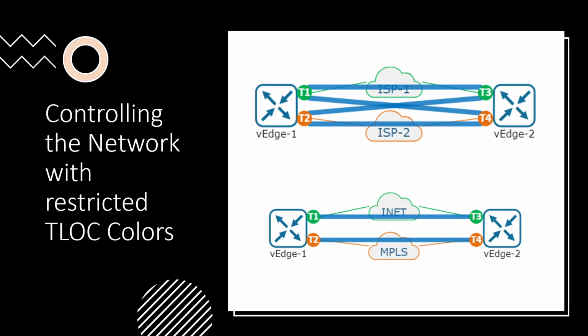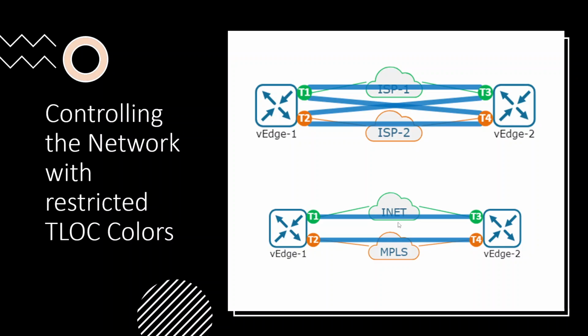Then mention that if the TLOC matches only the local color name that I matched on the WAN interface, then form the IPsec connection. Otherwise, don't form the IPsec connection. That's how we restrict IPsec forming between the vEdges through the different networks.